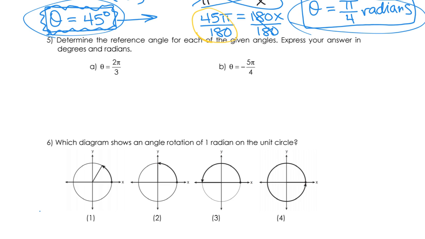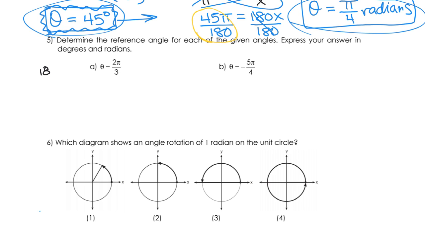Number 5 says determine the reference angle for each of the given angles. Express your answer in degrees and radians, okay? So let's go ahead and figure out what 2 pi over 3 is equal to in degrees, so that we can go the quickest way back to the x-axis and give our answer in degrees. Okay?